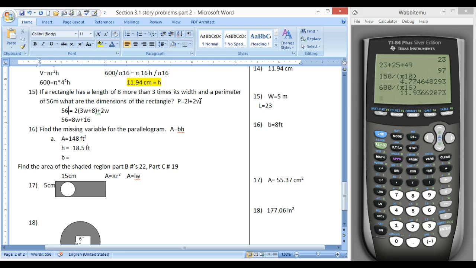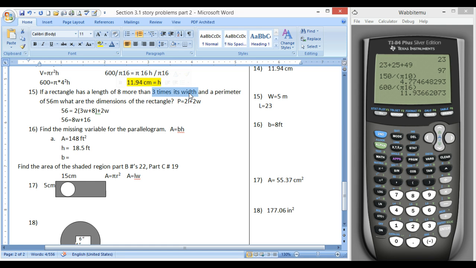Except that I need to translate a little bit first. The rectangle has a length, so instead of L, I'm going to put in what they tell me, the length of 8 more than. More than means I need to add 8 to something. So I've done that. Add 8 more than 3 times its width. Do I know the width?